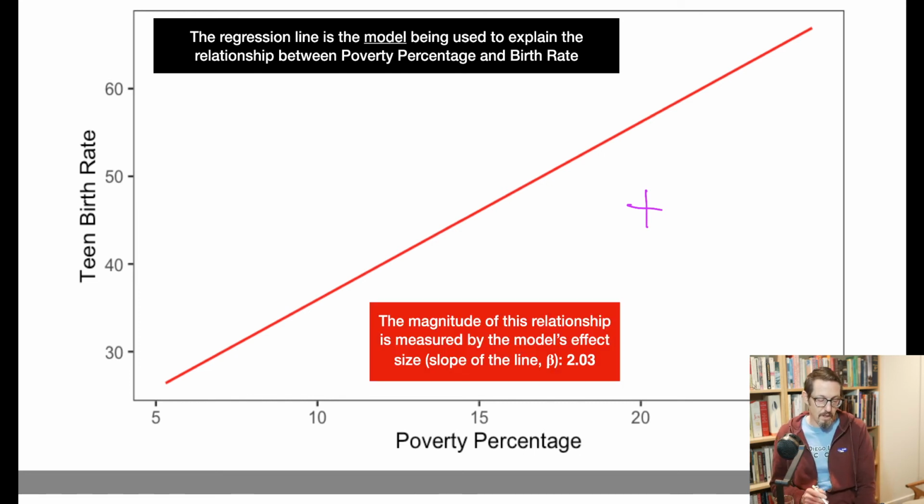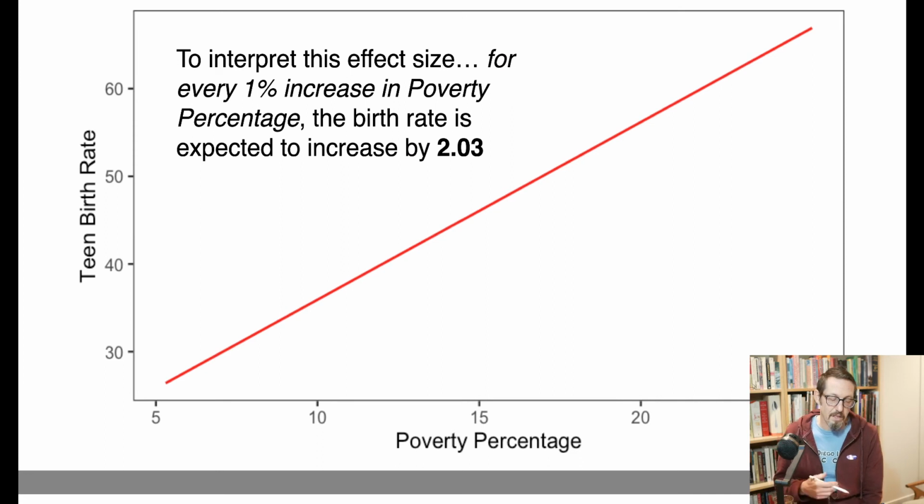The magnitude of this relationship is measured as the slope, which we're calling beta. And the effect size says this: for every 1% increase in the poverty percentage, we get a 2% increase in the teen birth rate.